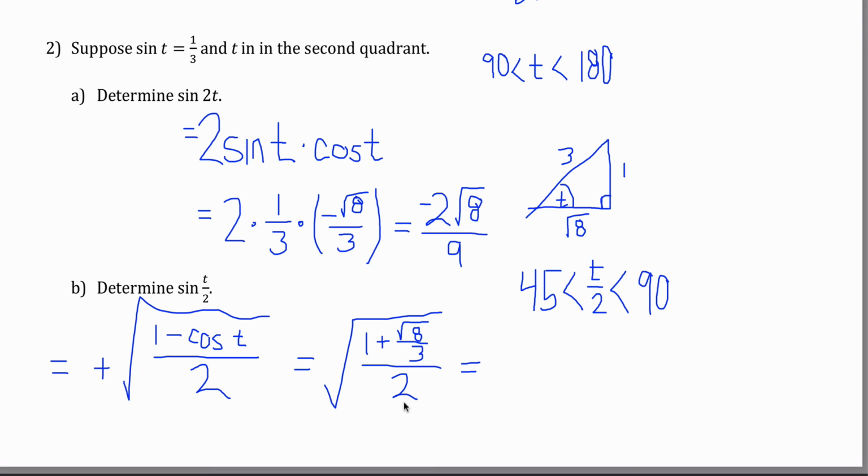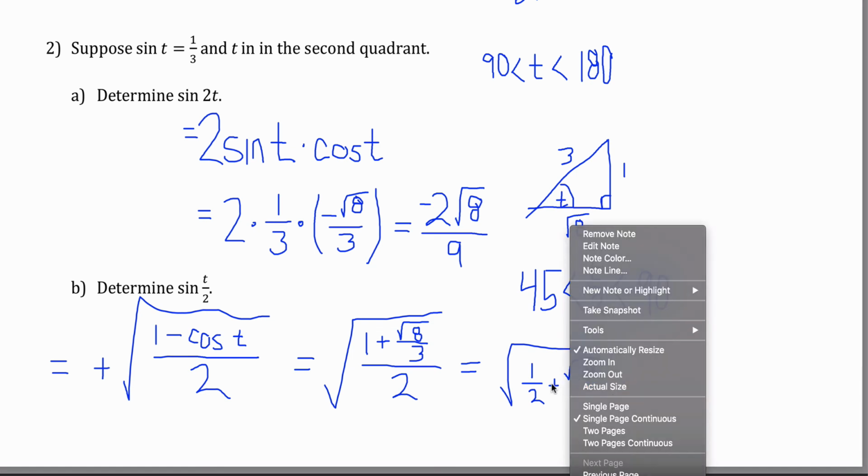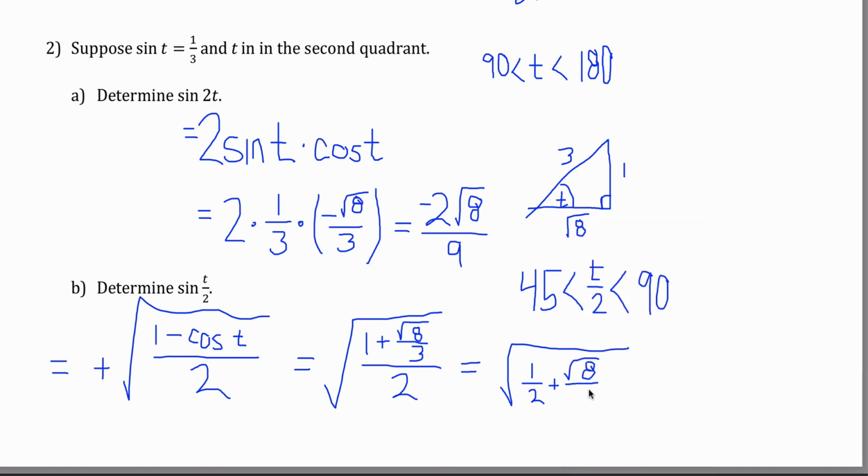So you think about this as 2 over 1 down in the denominator here, and you flip it upside down. So you kind of have 1/2 times all this stuff. So you get the square root of 1/2 times this 1 just gives me 1/2, plus, and maybe I'll leave it as root 8 over 6, even though I could simplify that more. There we go. And call that good for my final answer.